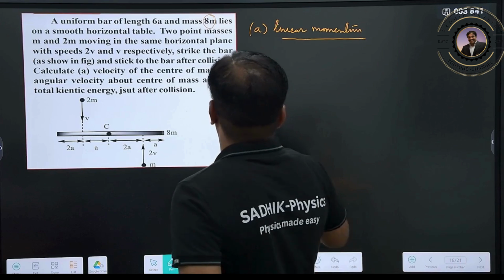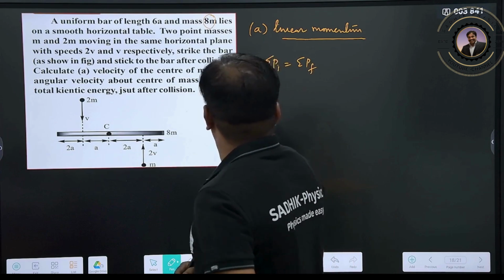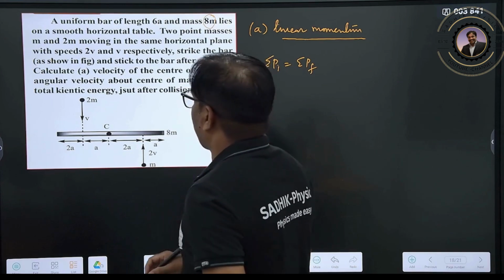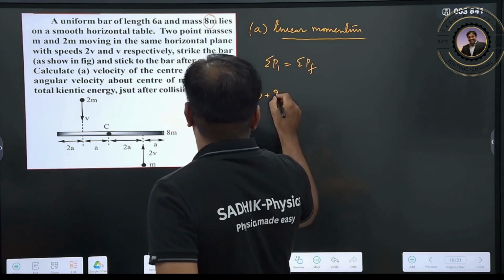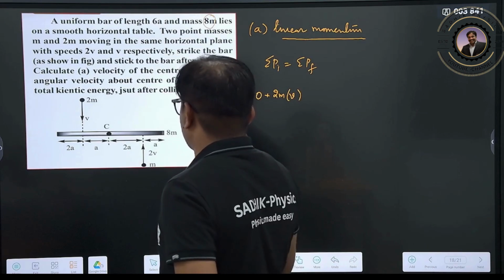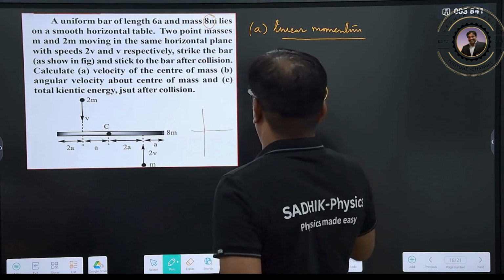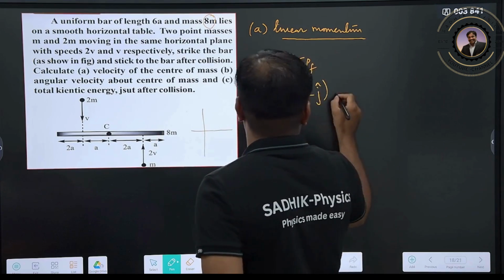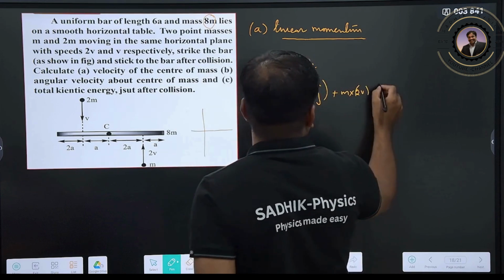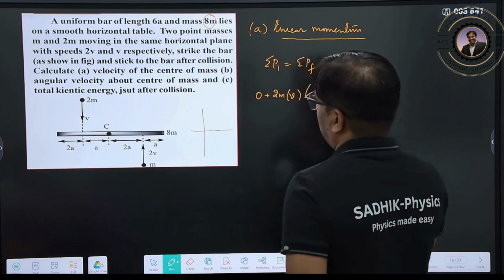Initially the rod momentum was 0, and this momentum is 2m into v, but it is going in this direction. Suppose you take this direction, so this is minus j cap. And this is plus m into 2v, going upward, therefore plus j cap. So this rod was not moving, but finally it is moving.